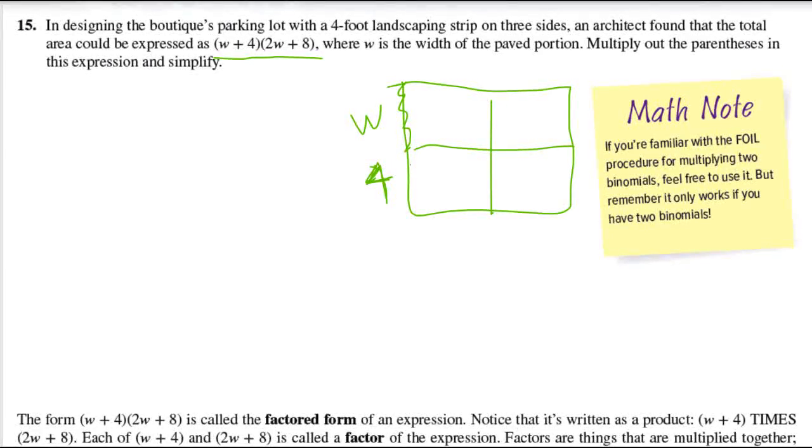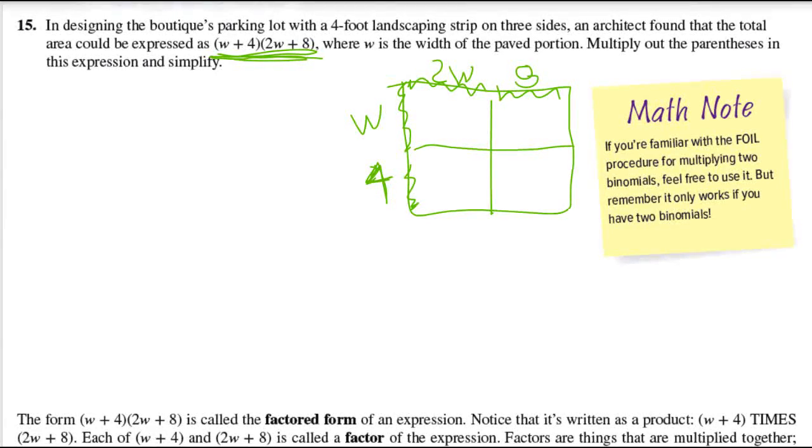This length is W, this length is 4. When I add them together, I get W plus 4. And up here, I'm going to say 2W is this length, and 8 is this length. So the total length of the top is 2W plus 8. So this area represents this multiplication problem.